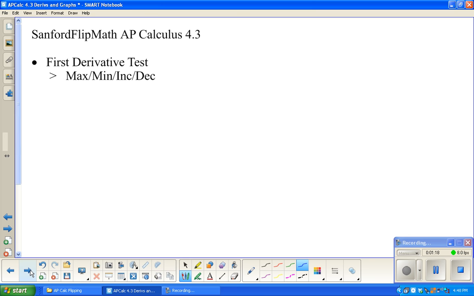The first derivative test, as I mentioned, relates back very clearly to the extreme value theorem and also what we did in section 2, some of those corollaries related to the mean value theorem. Basically, it talks about a continuous function f of x.